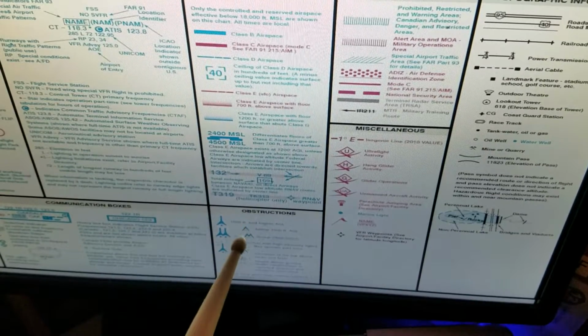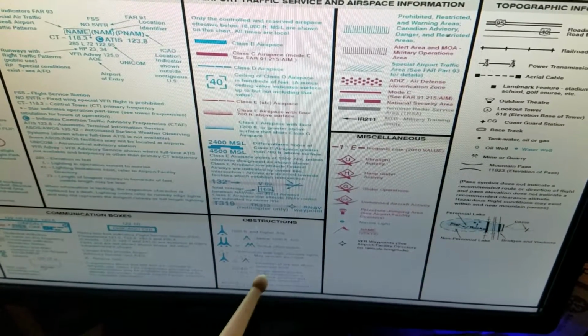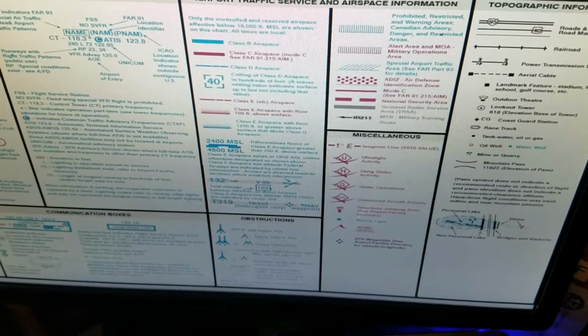If the obstruction is below 1,000 feet, you have it in a smaller symbol, like an upside down Y. So below 1,000 feet AGL, and the other group obstructions are marked there too, whether it is an obstruction with high intensity lights, everything is marked.